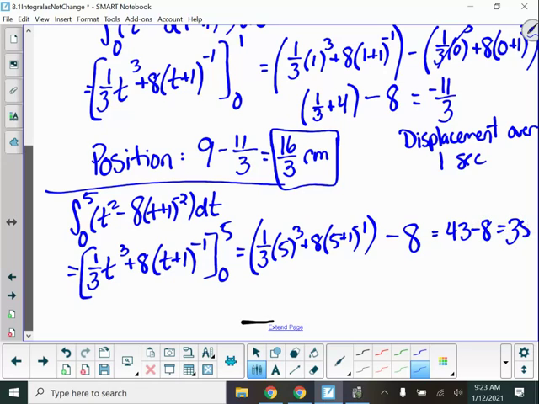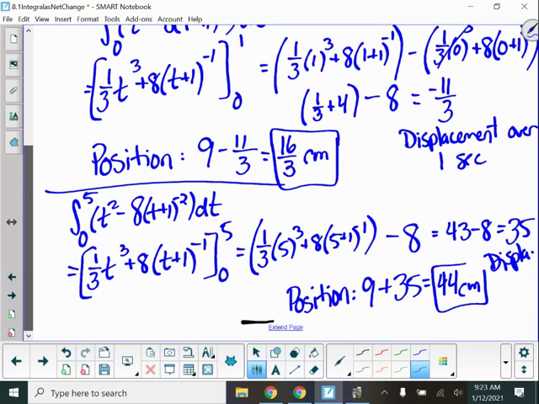So my total displacement is 35 centimeters. So my position is going to be 9 plus that 35, which is 44 centimeters. So after 1 second, I'm at 16/3 centimeters. At 5 seconds, I'm at 44 centimeters.